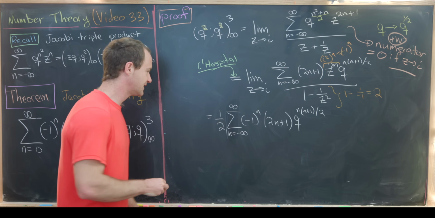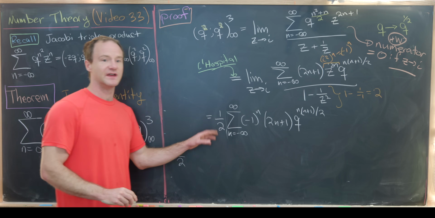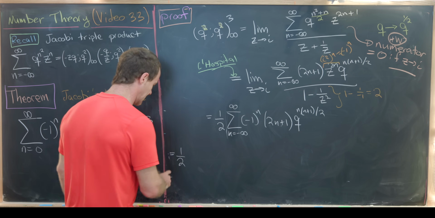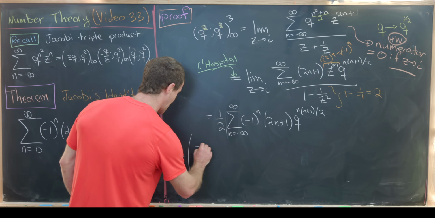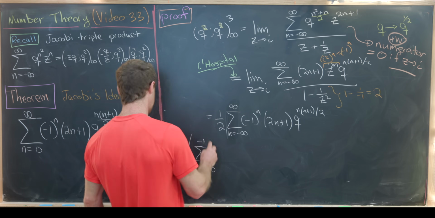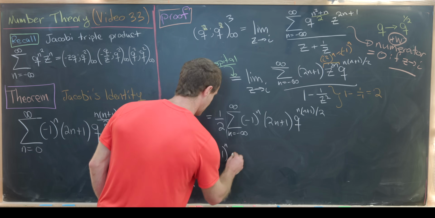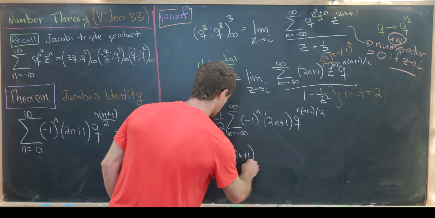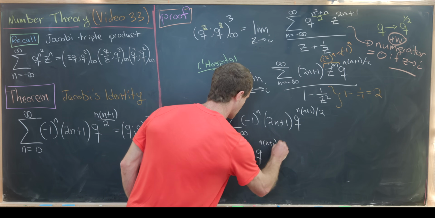Next up, I'm going to split this into two sums. So I'll split it into all of the negative values and all of the non-negative values. So here we have 1/2. And then I'll have this sum as n goes from minus infinity to -1 of minus 1 to the n, and then 2n plus 1, q to the n times n plus 1 over 2.